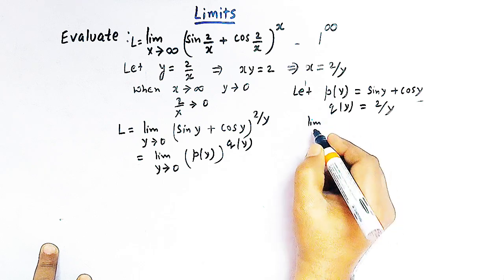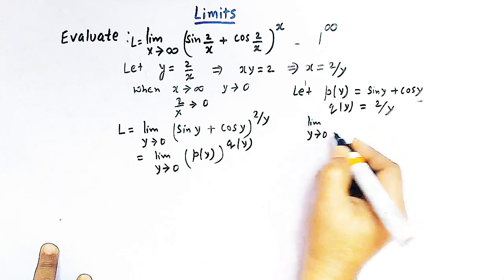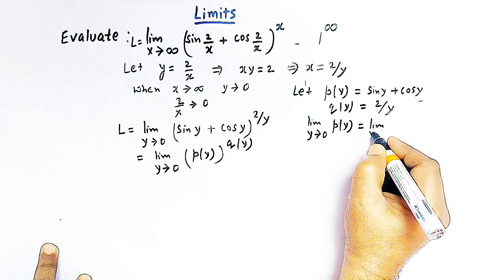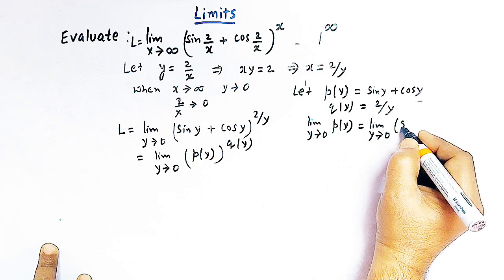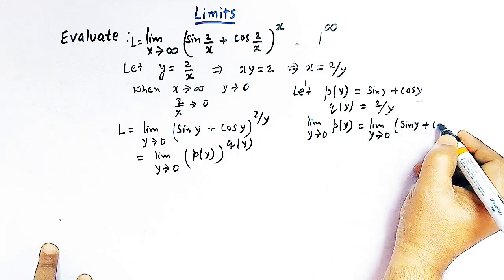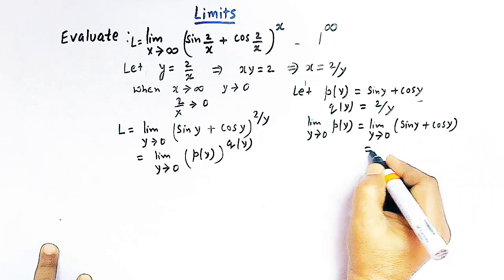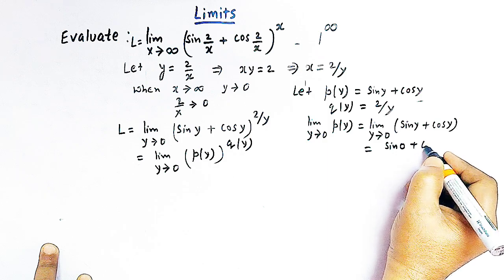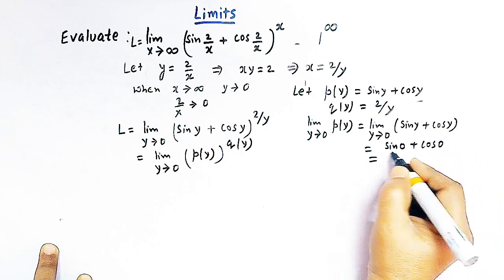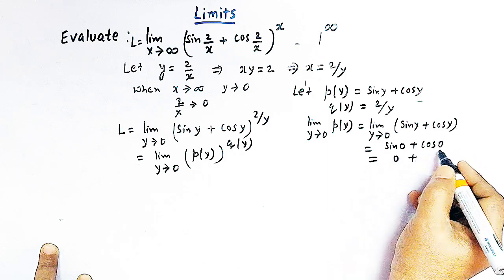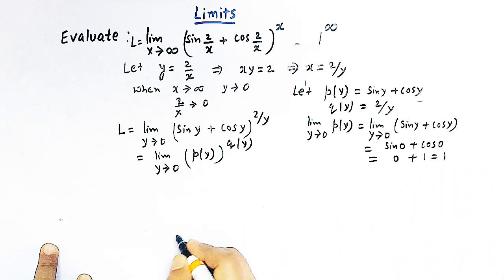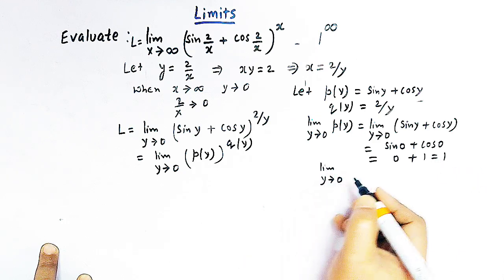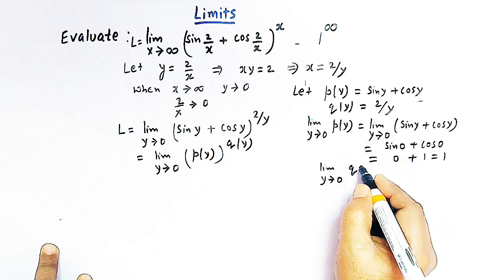So limit y tends to 0, p of y is given by limit y tends to 0, and here we have sine y plus cos y, and when y tends to 0, then we have here sine 0 plus cos 0, and sine 0 is 0, cos 0 is 1, so here we have a 1, and limit y tends to 0, q of y.